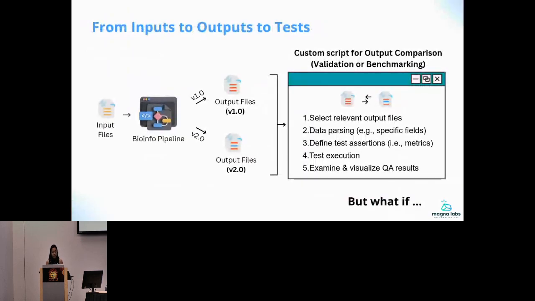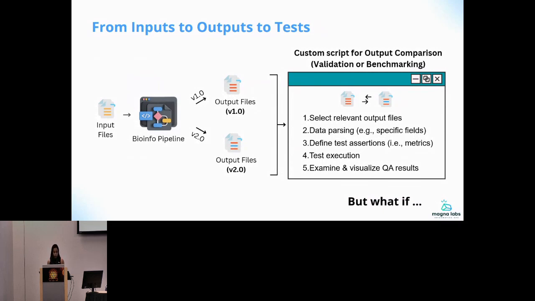So software testing in bioinformatics differs from conventional testing because of the need for analytical consistency and improvement across pipeline versions. And when updating your pipeline from one version to another, it's crucial to ensure not only the successful completion of your analysis, but also consistent or improved results.